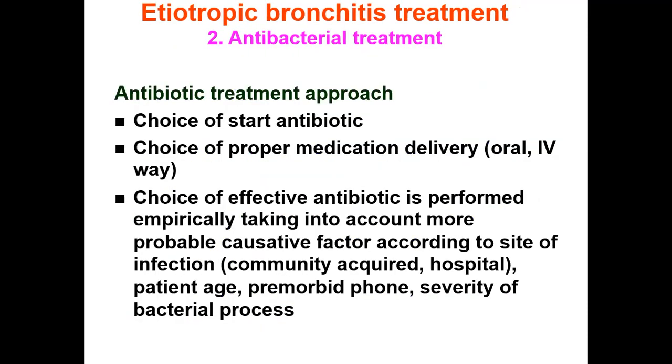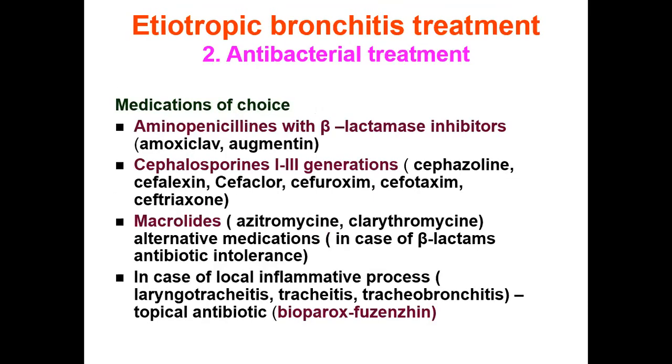Antibiotic treatment approach: choice of the starting antibiotic, choice of proper medication delivery, oral or intravenous. Choice of effective antibiotic is performed empirically, taking into account the more probable causative factor according to the site of infection.